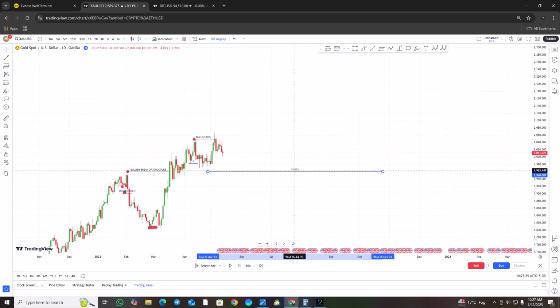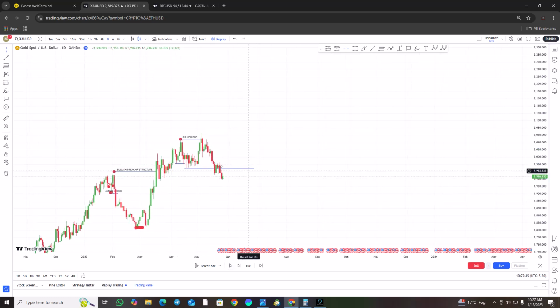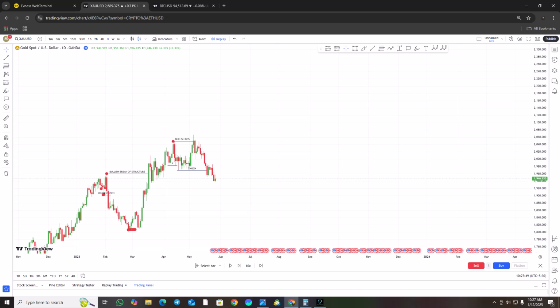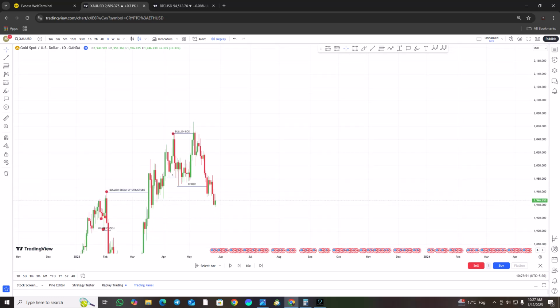Now if this is shifted, we can call it a break of structure. Can you see we got a change of character? Now we have momentum in the market saying if it goes down, now the choke happened, we are good, but now we have to look for a bearish break of structure.